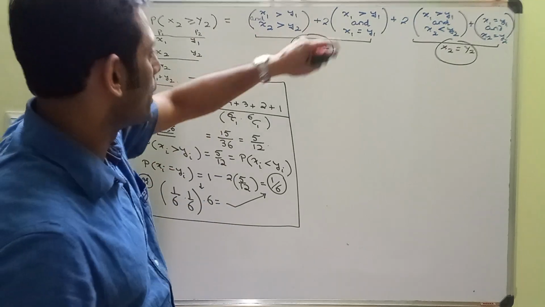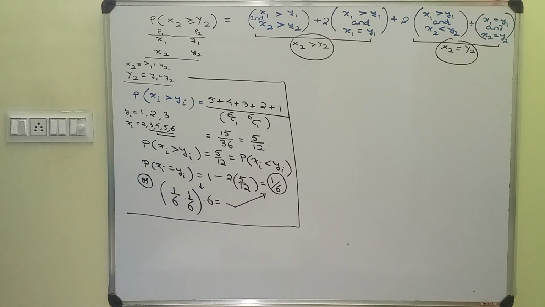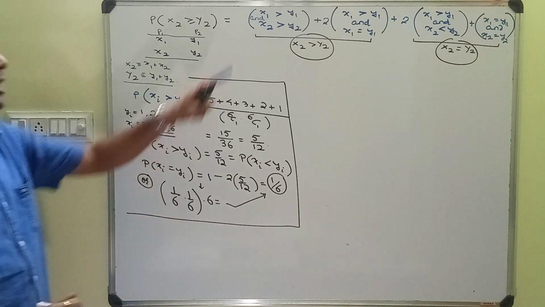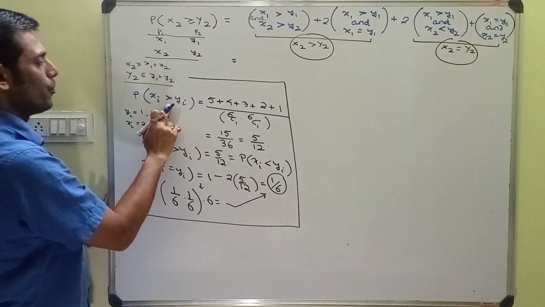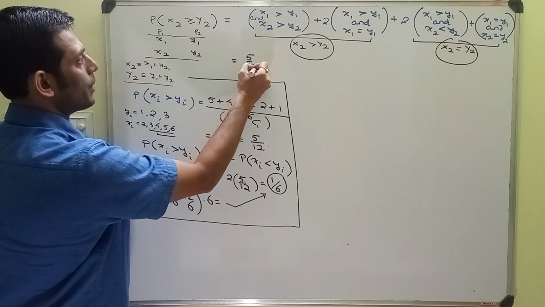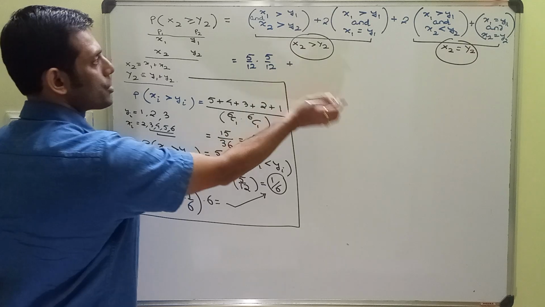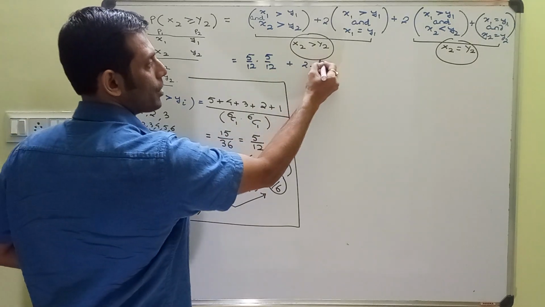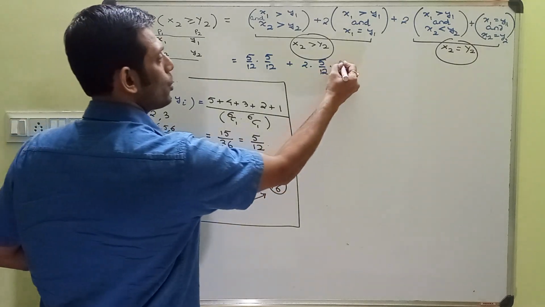Now let's get to this calculation. In this, P(x2 >= y2) would require calculations for this. Here we begin. x1 greater than y1 means 5/12, and another 5/12, plus 2 times 5/12, and equal means 2/12.